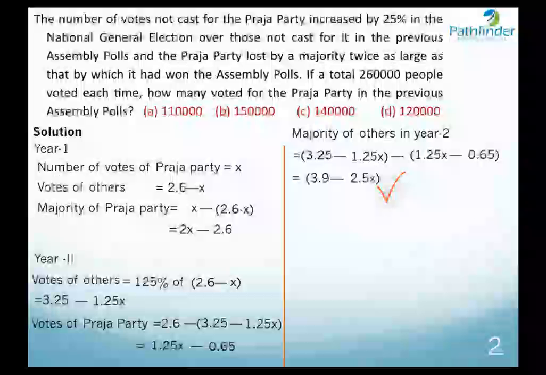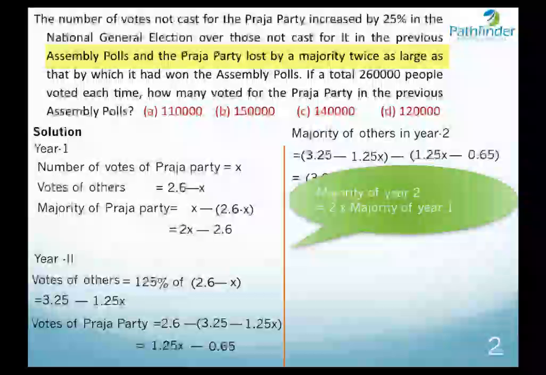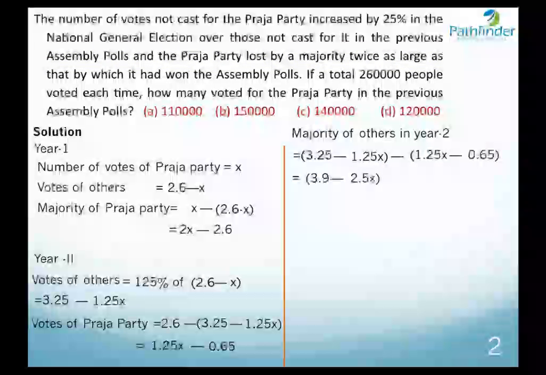Now what relation do we have between majority of year 2 and majority of year 1? The relation is that the majority in year 2 is twice the majority of year 1. So this relation has been given in the question. So let us apply this. Therefore, we have 3.9 minus 2.5X.